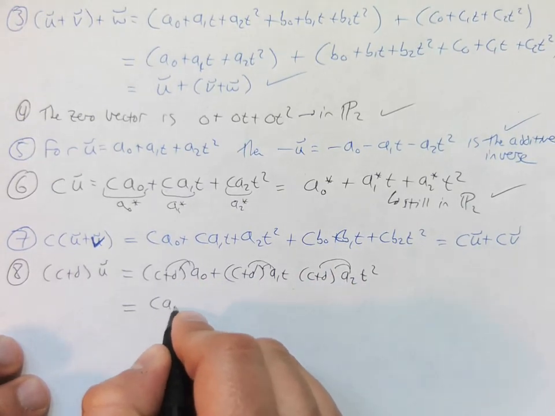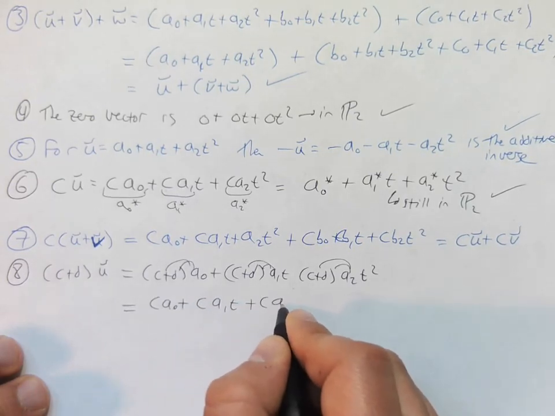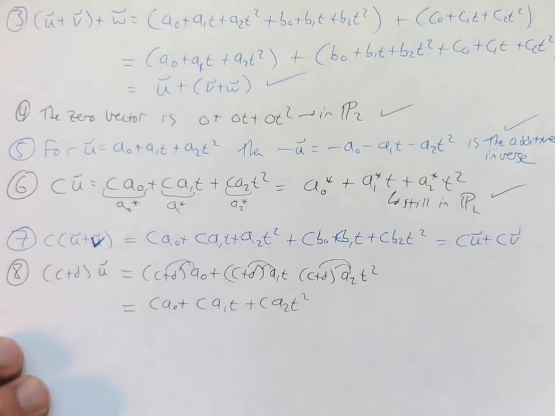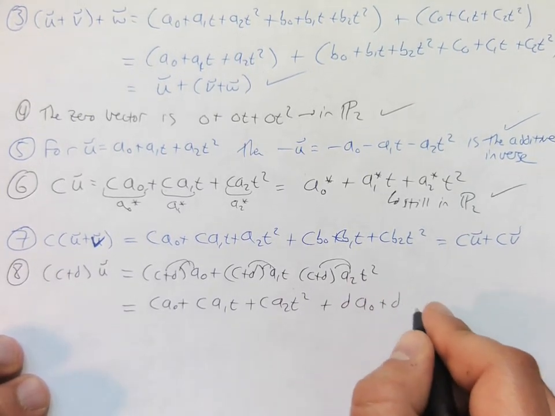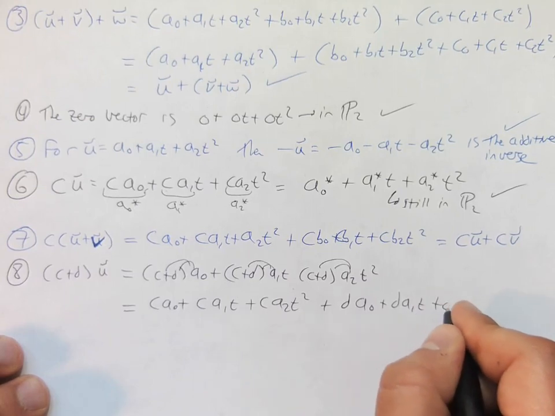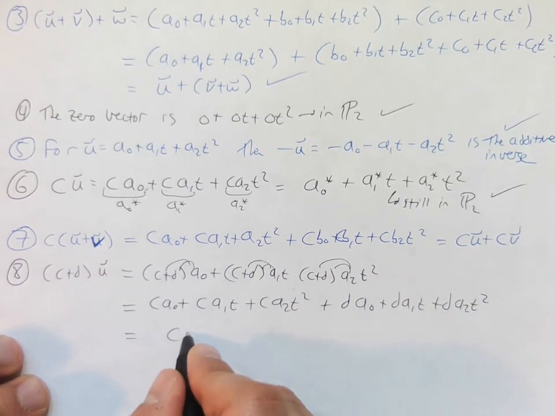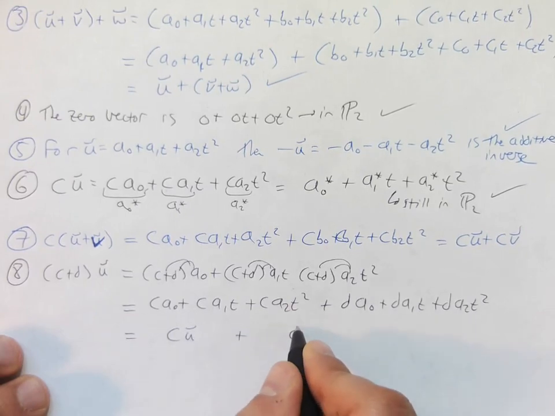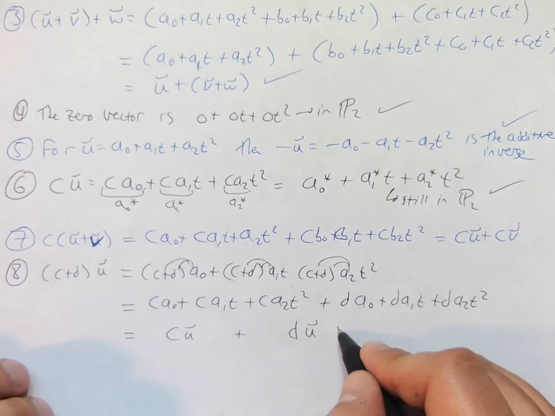So it'll be ca0 plus ca1t plus ca2t squared. That's going to be our c times u. And then we have the d's separately. And so this is cu, this is du. And so that one worked.